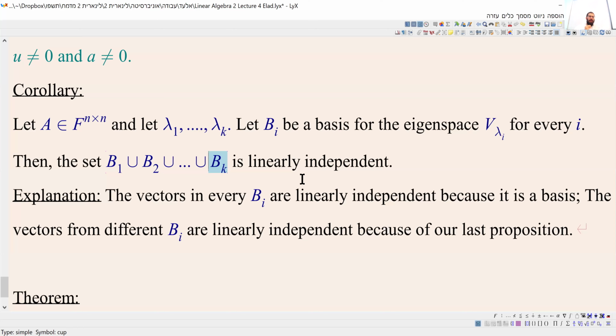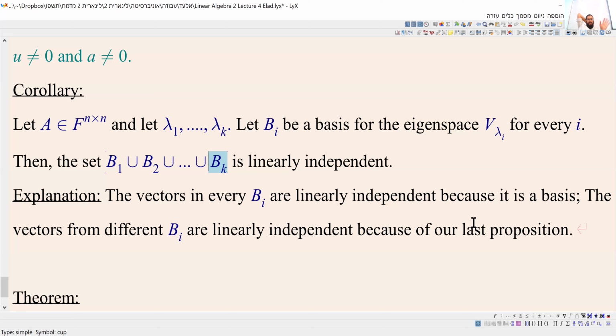Maybe on first look, but now we know that inside every Bi the vectors are linearly independent because it's a basis. And if you take vectors from different Bi, from B1 and B2, etc., it is linearly independent because of our last proposition, which we proved here as well. So it's linearly independent, whether you take vectors from the same Bi or from different Bi.